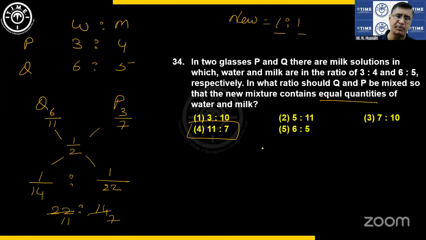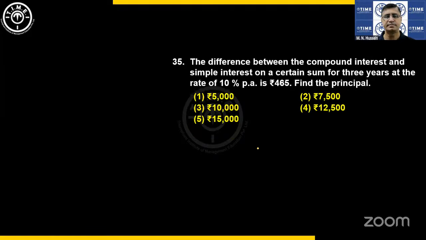Right, look at the next example on your screen. The difference between the compound interest and the simple interest on a certain sum for 3 years at a rate of 10% per annum is rupees 465. Find the principal. What is the formula?